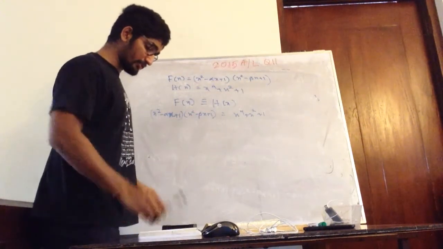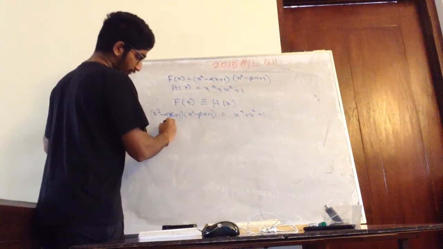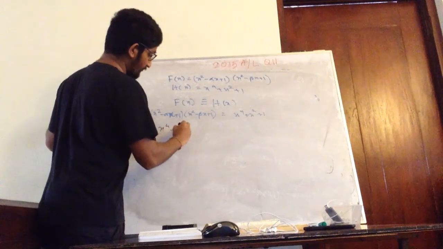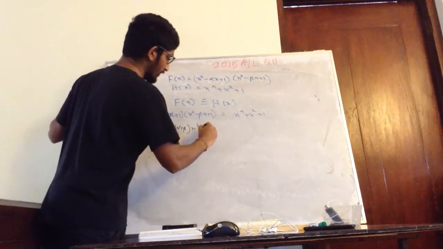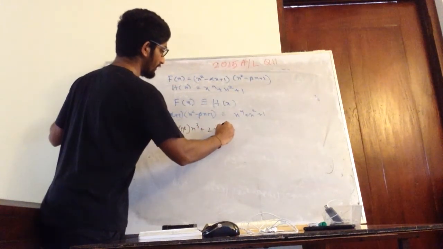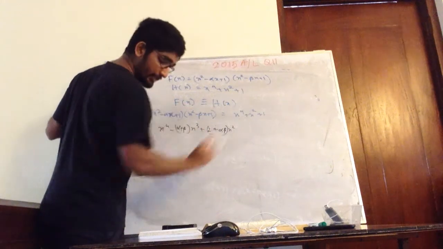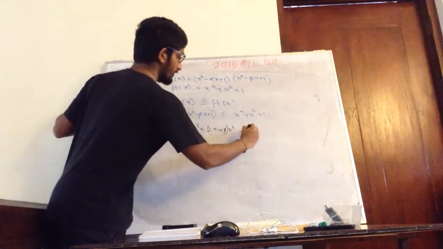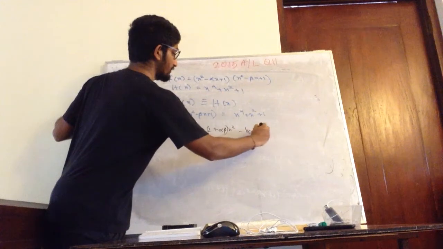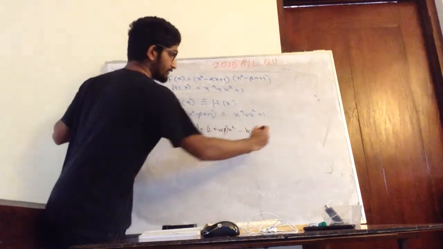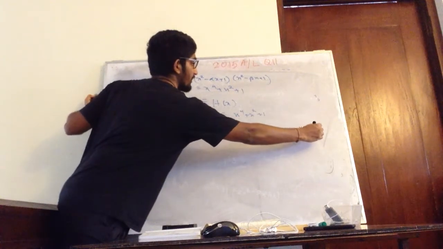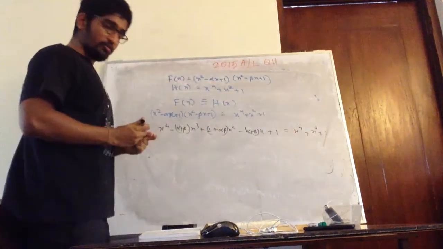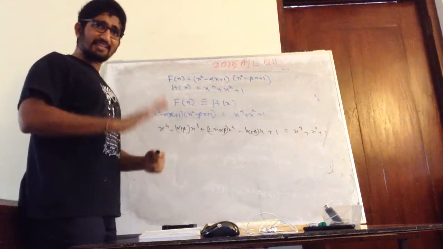So the simplification was what? x to the power 4 minus (alpha plus beta) x cubed plus (2 plus alpha beta) x squared minus (alpha plus beta) x plus 1 equal to x to the power 4 plus x squared plus 1. Right, so I'm just going to continue the exact same way.